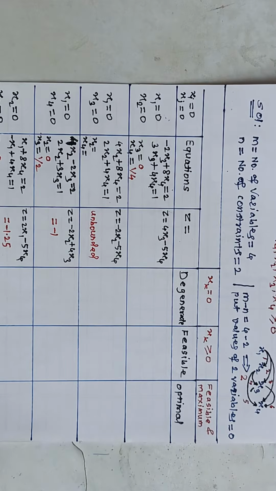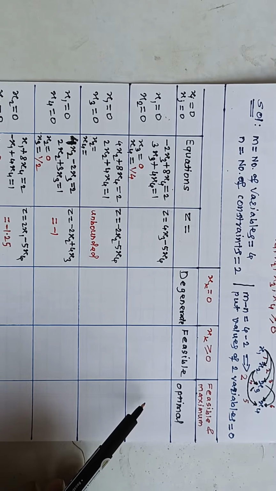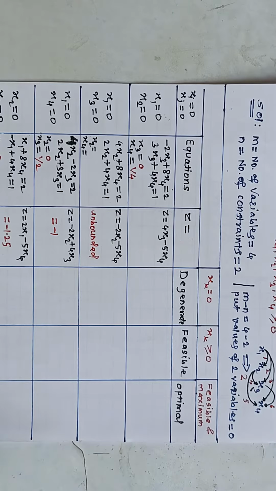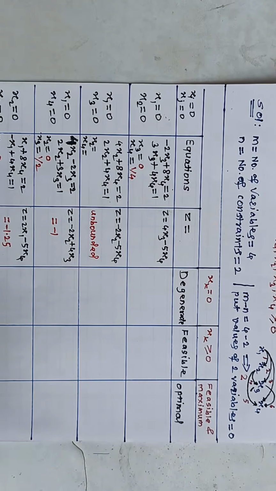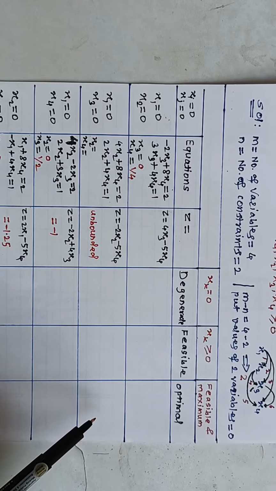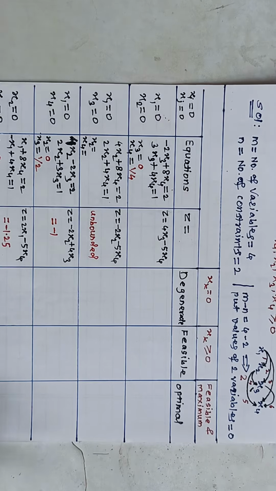Out of these 6 ways, any one will be yes, remaining all will be no, with remark no in the last column, means in the optimal solution column. Only one will be yes and remaining all will be no, with remark no. Okay, first of all let us solve.